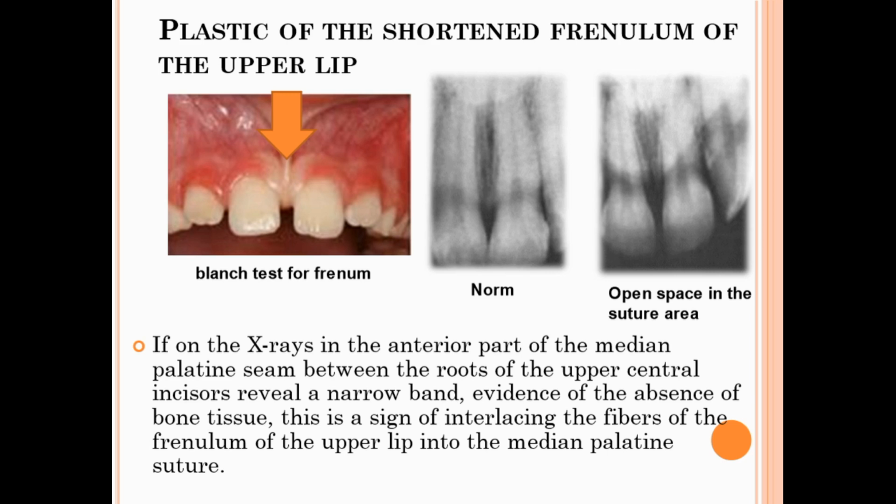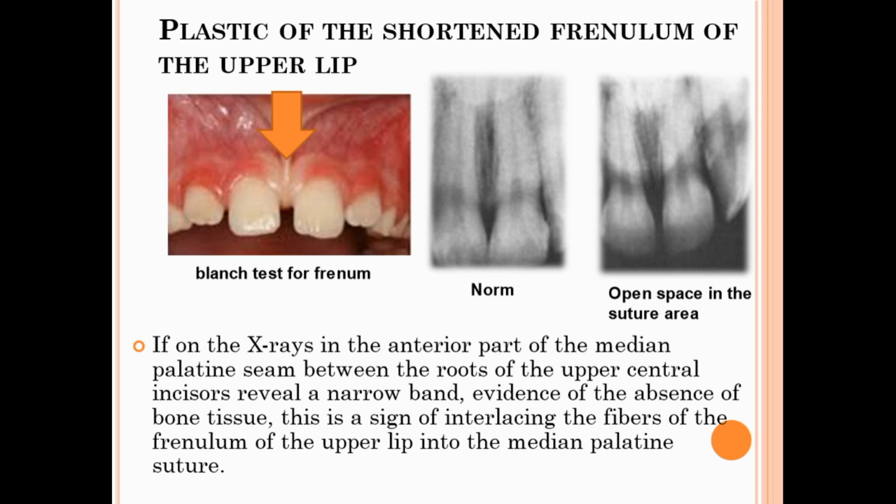However, if the gap is large and the frenulum fibers have significant thickness, complete closure of the gap before the surgical interference may not be possible. In this case, the gap is closed at least partially, and the orthodontic movement of the teeth to meet each other should be resumed immediately after frenuloplasty.